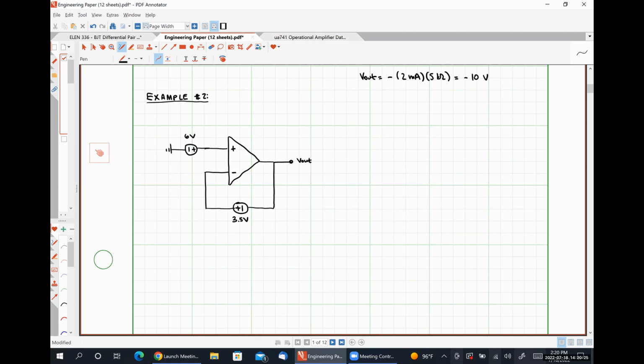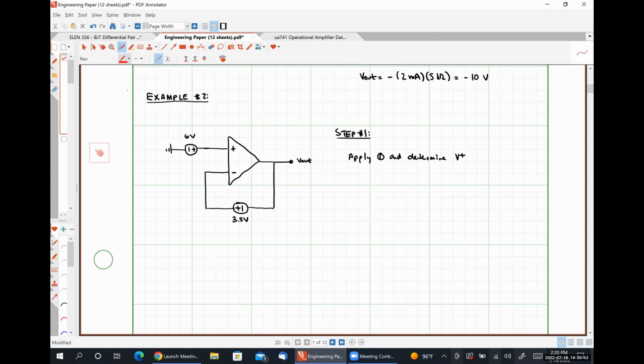Okay. So if we try to apply our three-step process here, things will be okay. Step number one, apply rule number one and determine V plus.